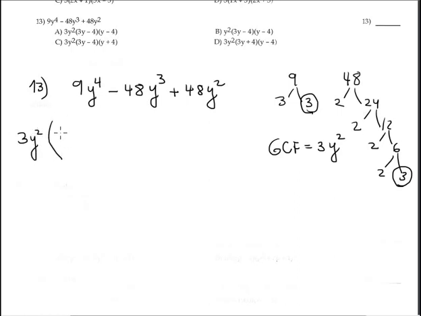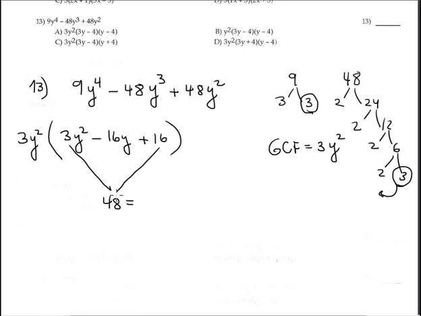We have in the first 3y to the second minus. When you factor out 3 from here and 48, we have 16. 16y plus 16 without y. And this is a trinomial. It's a complicated trinomial, so you multiply this guy and this guy, which is 48.